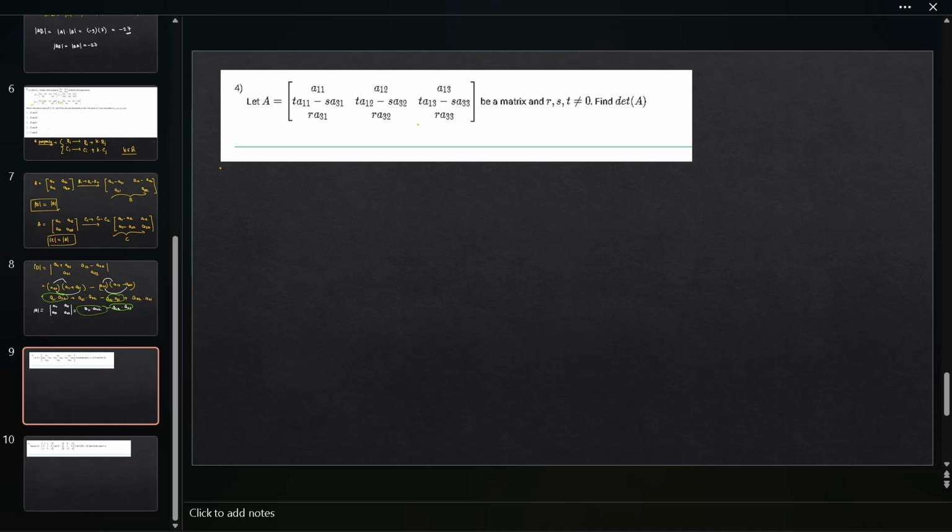So let's see what we can do here. If we closely observe our determinant of A, it's written as a11, t times a11 minus s times a31, r times a31.